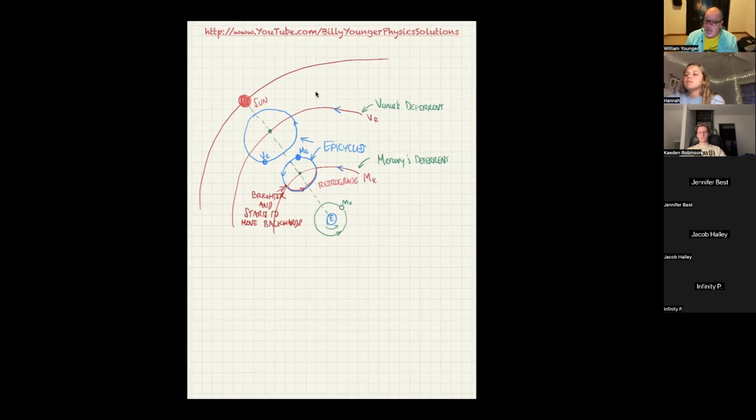So this circle allowed Mercury, one, to stay close to the sun, two, it allowed retrograde motion, and three, it allowed the increase in brightness. If things are really going in circles, how else could you explain something getting brighter? Because if they're centered on the Earth, they're all the same distance away. The same thing, of course, was true for Venus. So it had a retrograde over here as well.